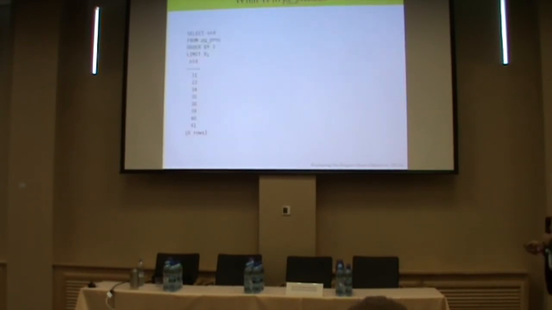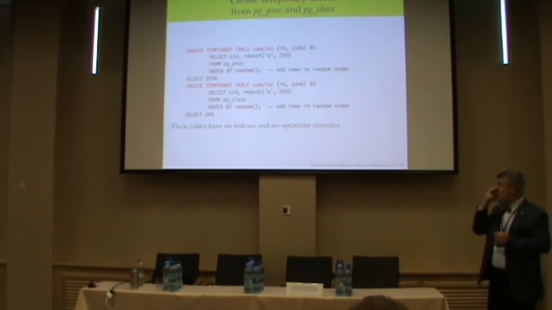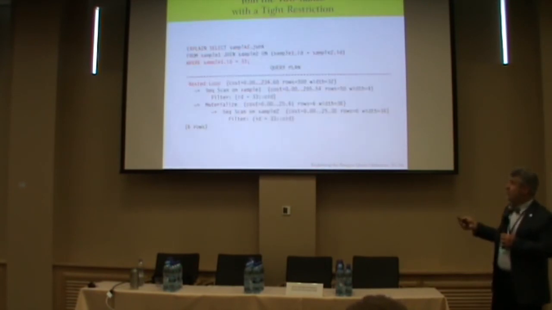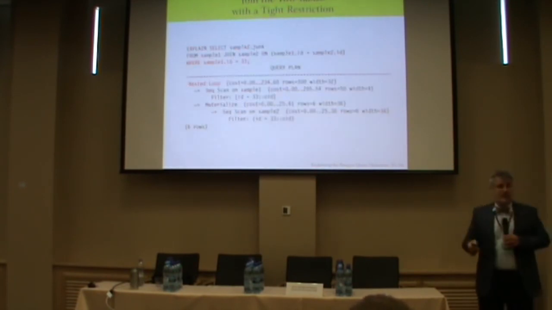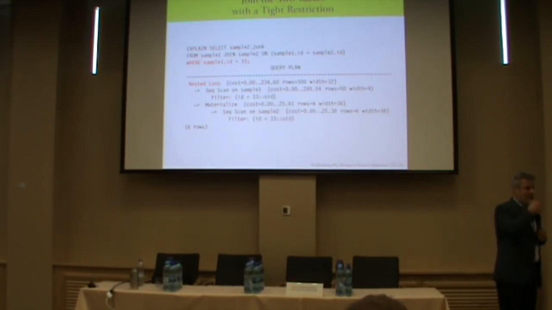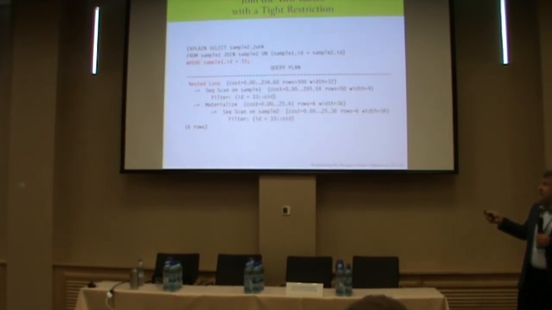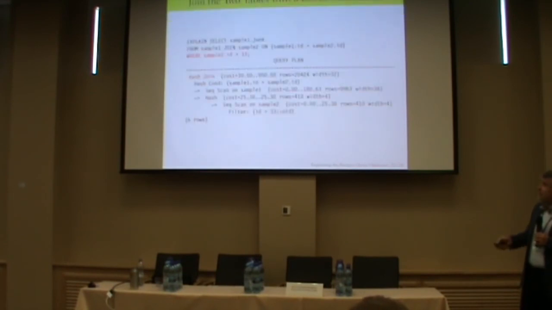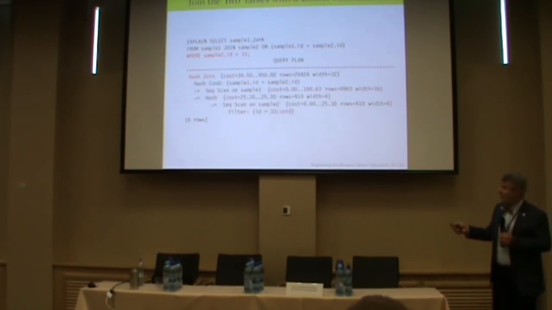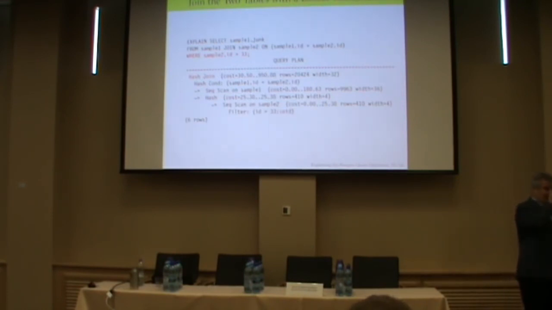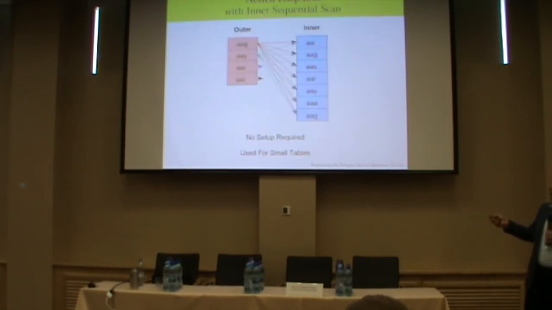In the same way, when I do a join, the join changes based on what I've given in the where clause. Here I'm saying equals 33, it does a nested loop, right? You've seen that slide before. If I say greater than 33, I get a hash join. Again, the Optimizer is doing its work. It's saying, oh, I'm going to return a lot of rows now. I can't do a nested loop anymore.